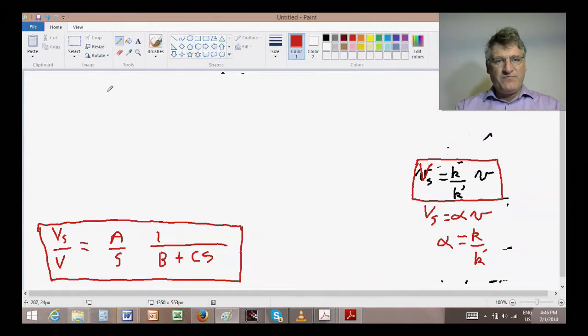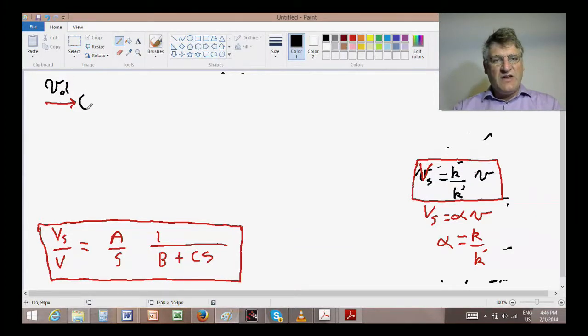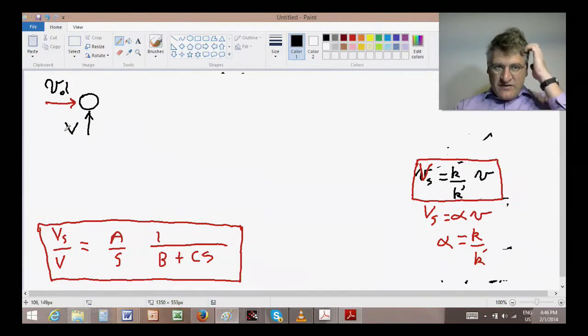If I draw it, we're going to have a desired voltage, and I'm going to switch colors. V desired, oh sorry, it's not a desired voltage, my mistake. It is a desired speed, which I call V desired. I have my actual speed V, and V as a in cursives, okay, like this.